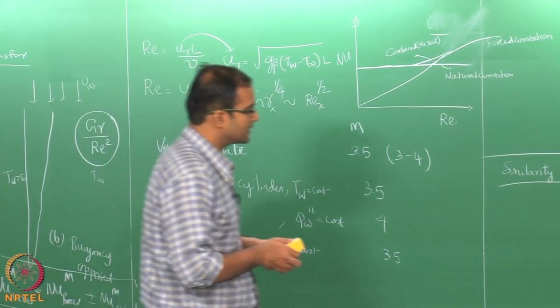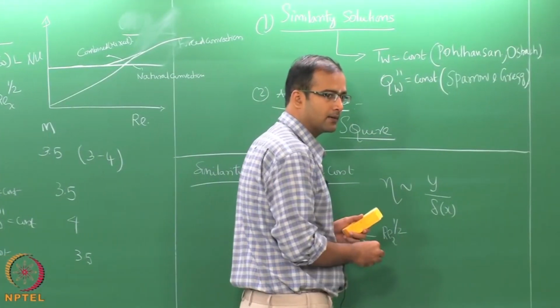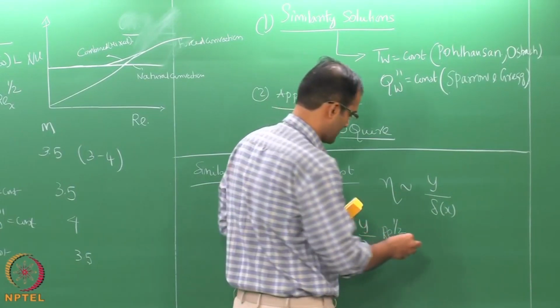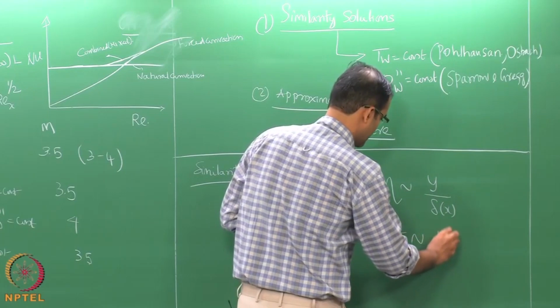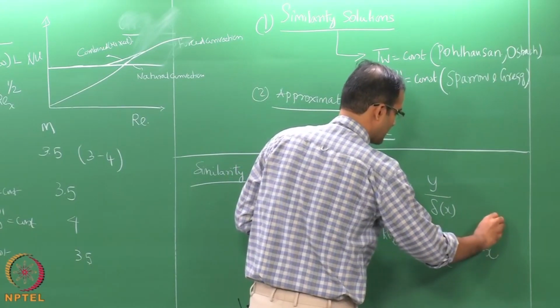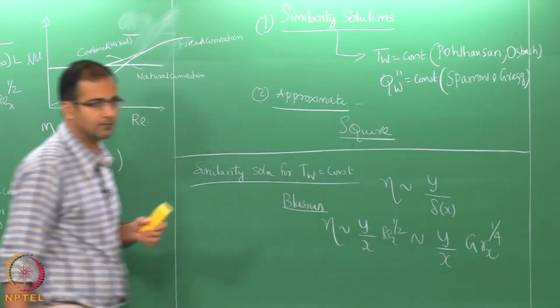So, Polhausen looked at the same similarity variable and replaced Reynolds number with Grashof number. So, in this case, what happens? You have Grashof number to the power 1/4. Okay.